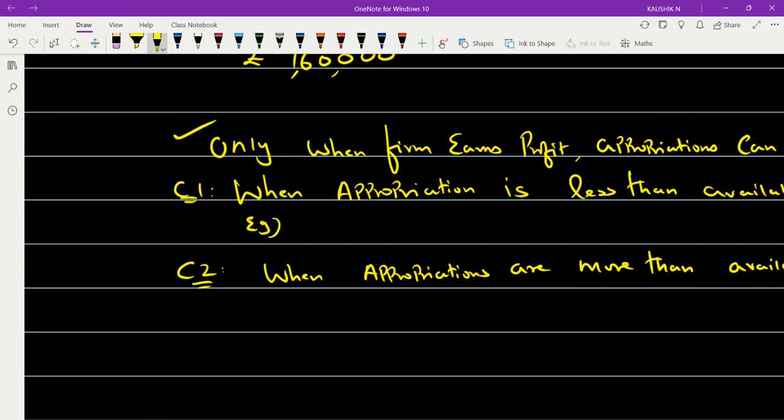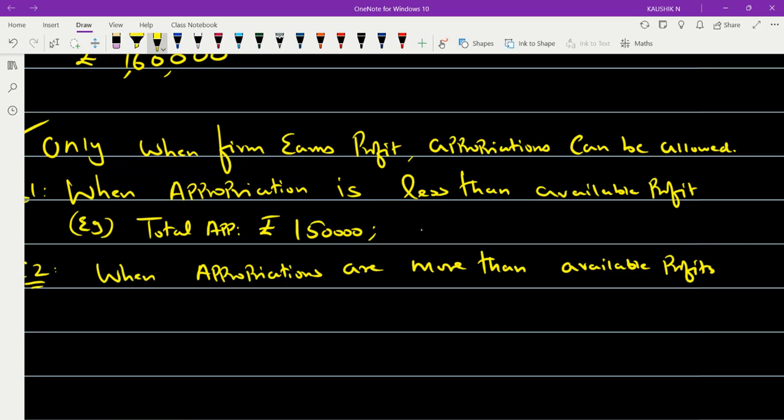Example: appropriation is less. Let me first write the appropriation value. Total appropriation rupees 1,50,000. Available profit rupees 4 lakhs.